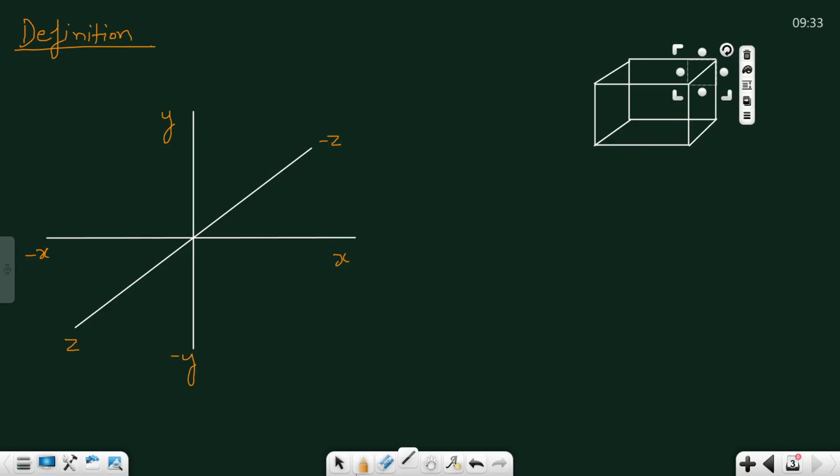For example, any cube, it's a real object because it is having a structure. This is x-axis, this is y-axis, and it is also having some dimension or length along z-axis. So this is x, y, and z.